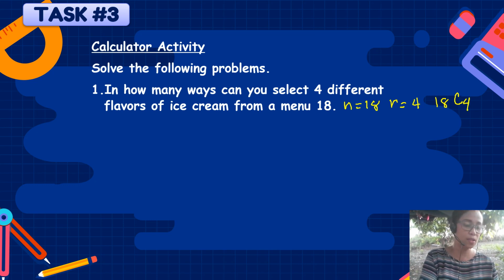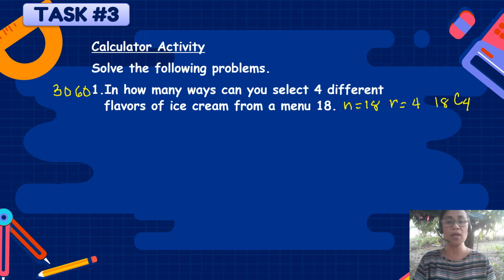Press shift, nCr, you have 18 choose 4, and the answer is 3,060 ways to choose 4 different flavors at a time, having 18.